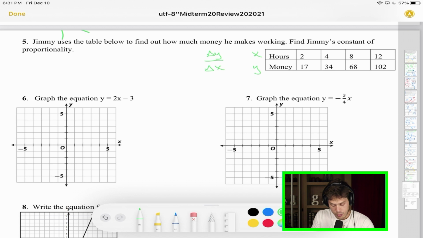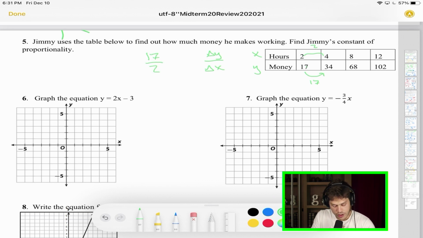So how are we going from 17 to 34? This is a change of 17. And what's the change of 2 to 4? That's a change of 2. Okay, so our constant of proportionality is 17 over 2.